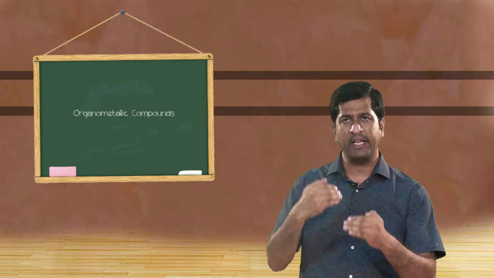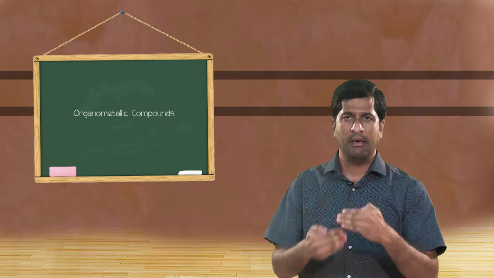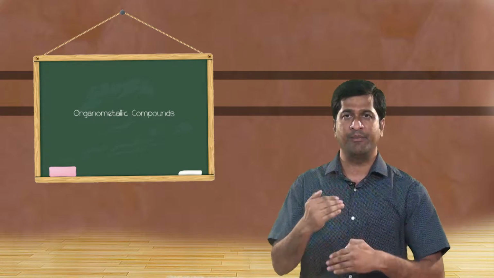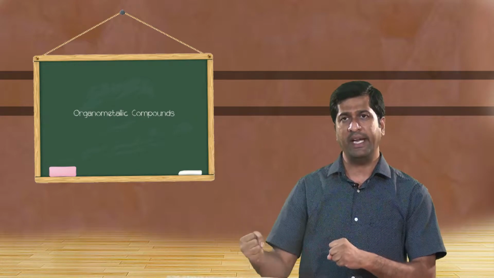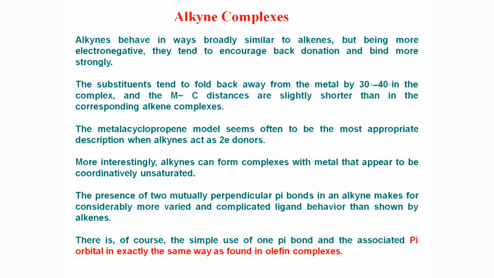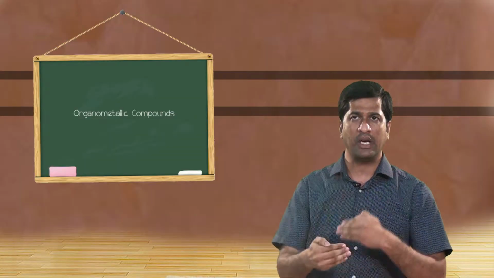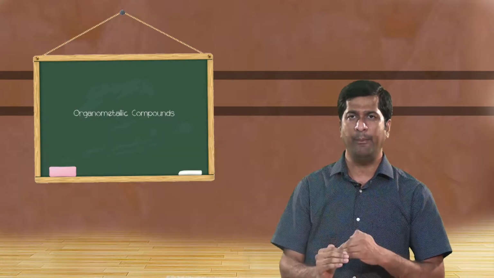That's why the bonding in alkyne complexes is very difficult to explain, because those two pi bonds are perpendicular to each other. Initially, one pi bond forms a complex with the metal, and later the second pi bond forms a complex in the other direction. That's why the bonding in alkynes is very complex.